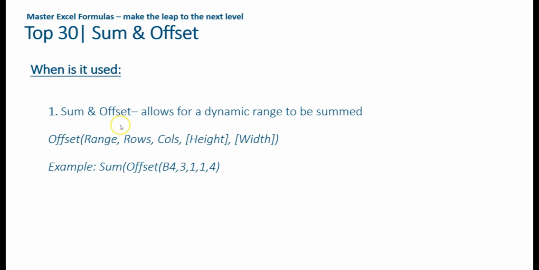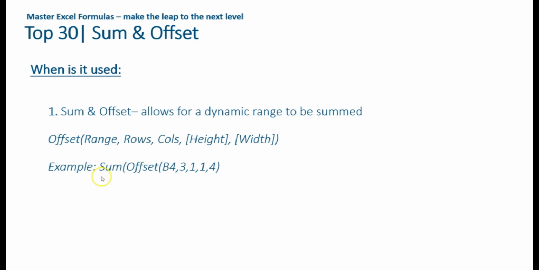Basically it allows for a dynamic range to be summed or averaged. What is the structure of offset? As you can see, we need to have a range reference, and then rows, columns, height, and width. You will see what I mean by all these things when I give you the example.